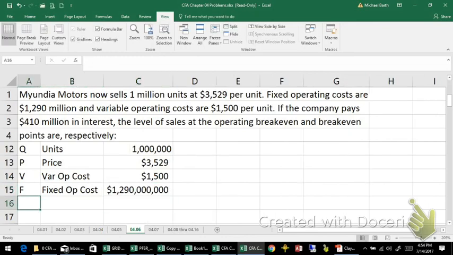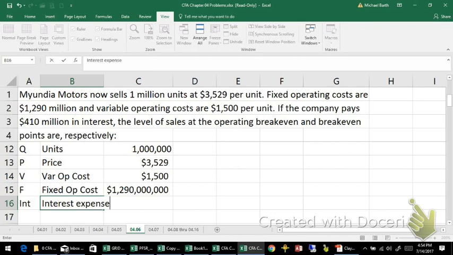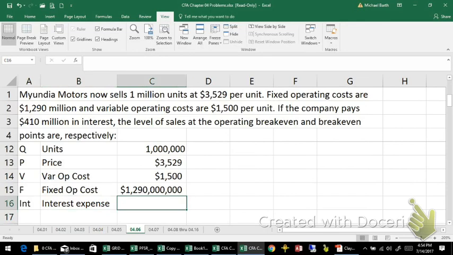Alright, so the other thing we have is interest expense, which has to be paid as well in order for the company to be making a profit, and that's 410 million. That's a lot of interest.